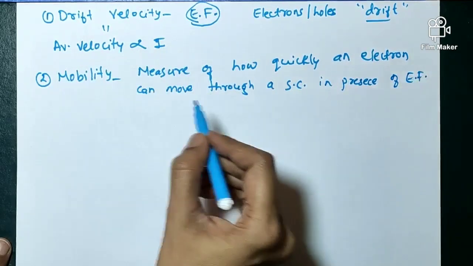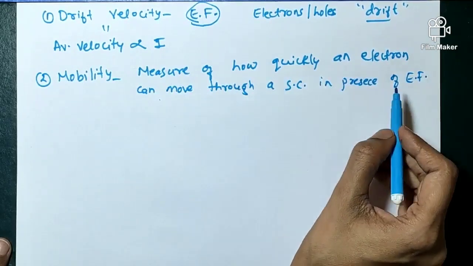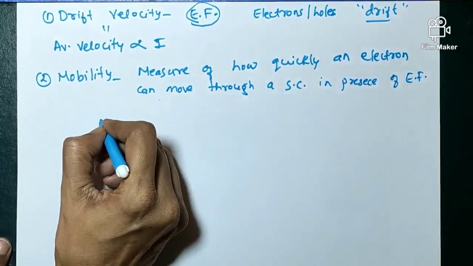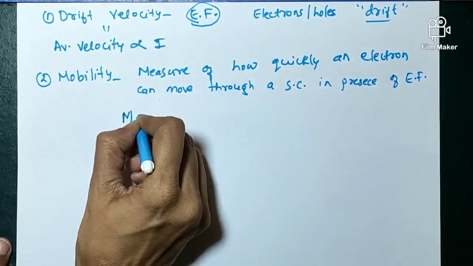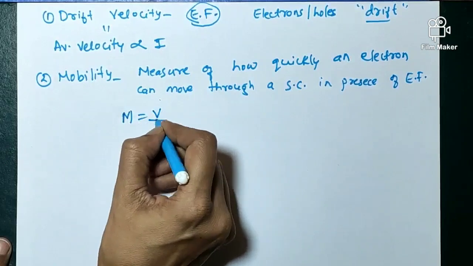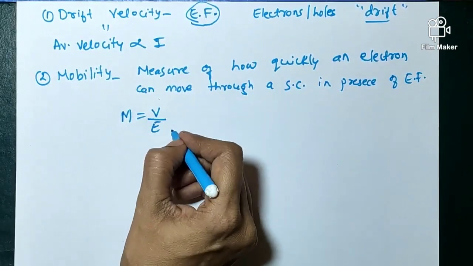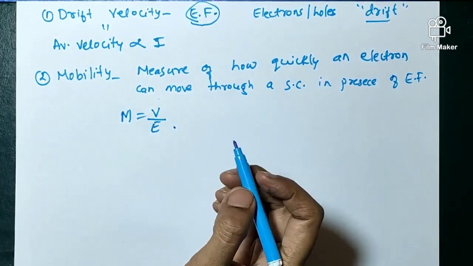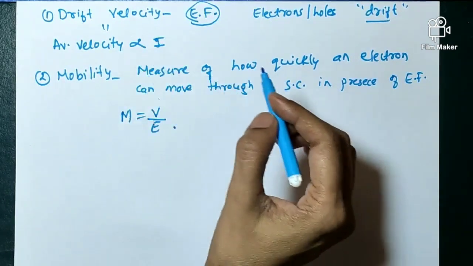So mobility is the measure of how quickly an electron can move through a semiconductor in the presence of the electric field. How do we give the notation to that? M equals the mobility of the electron to the electric field. So now you understood drift velocity and mobility.